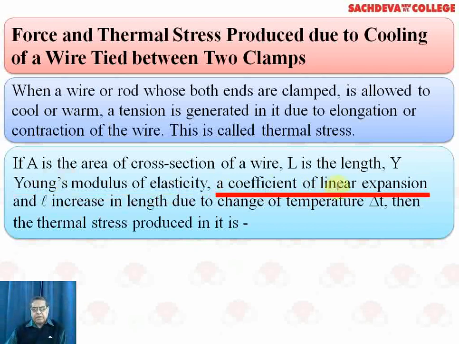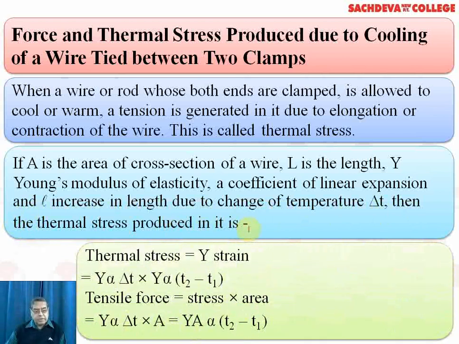Alpha is the coefficient of linear expansion, that is, change in length per degree centigrade rise in temperature. So with alpha and L, the increase in length is due to a small change of temperature, delta T. Then the thermal stress produced will be given as follows.